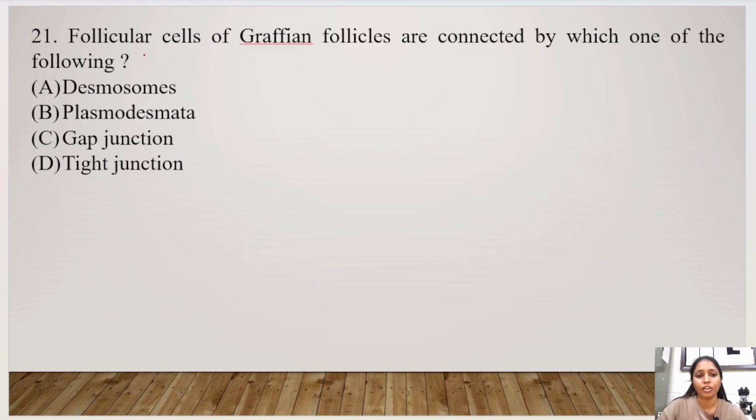Again, another important question. Follicular cells of Graafian follicles are connected by which one of the following? So follicular cells in Graafian follicles are also known as granulosa cells.